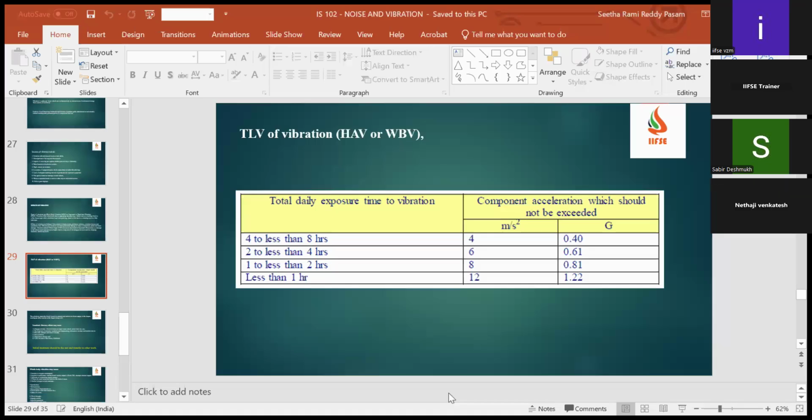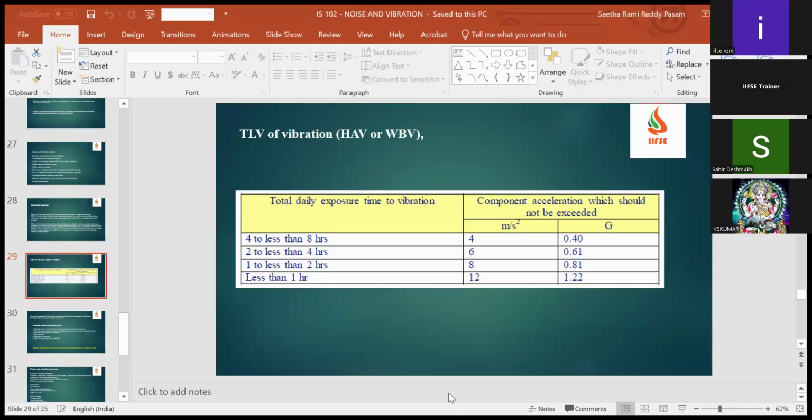That is gravitational force, sir. 1G, 2G, like that, it will go. But G in the sense is an acceleration due to gravity. The value of acceleration due to gravity is 9.81 meter per second square.